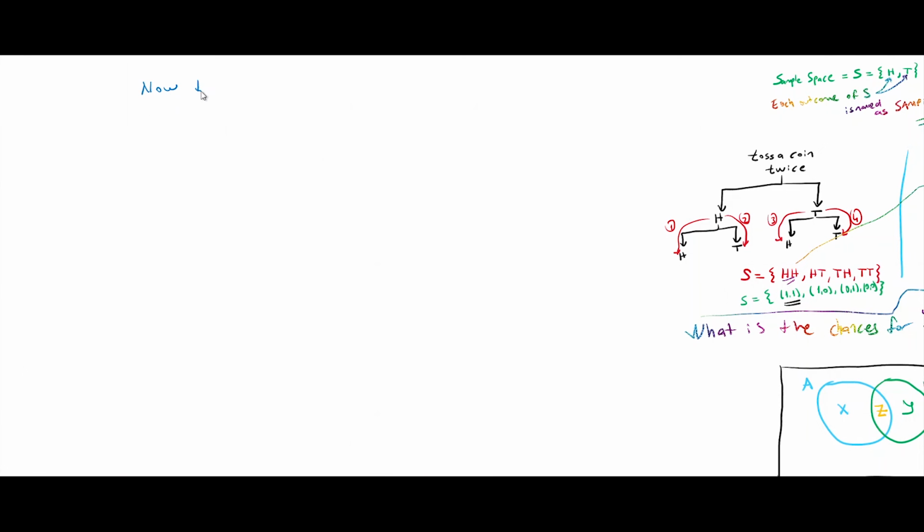Now think that we demonstrate the two heads occurring using a cluster approach, or using set operations. Let's say that event A is two heads and event B is two tails.